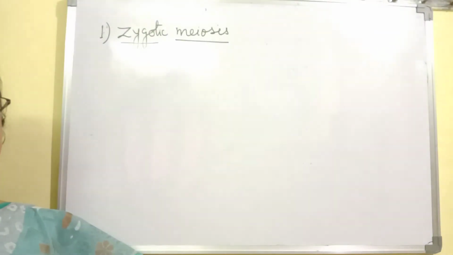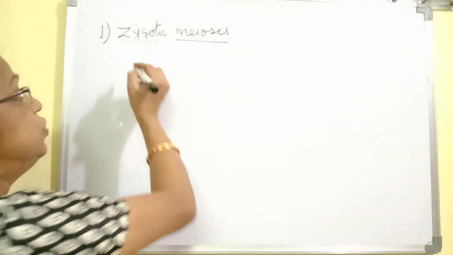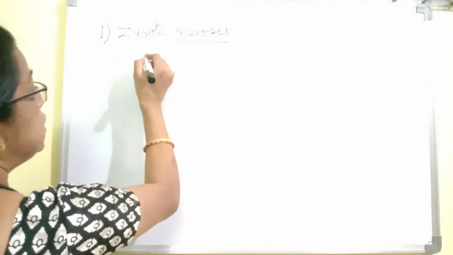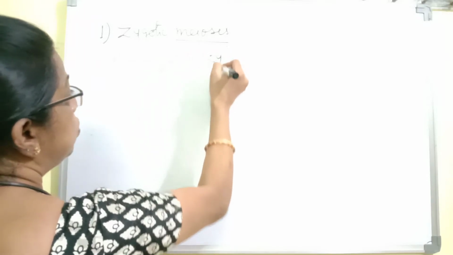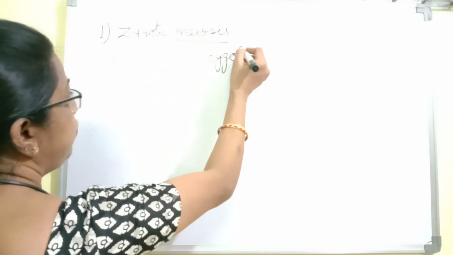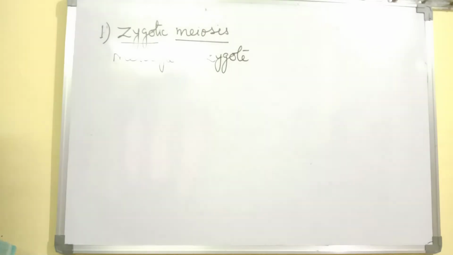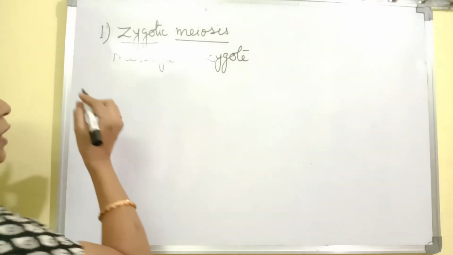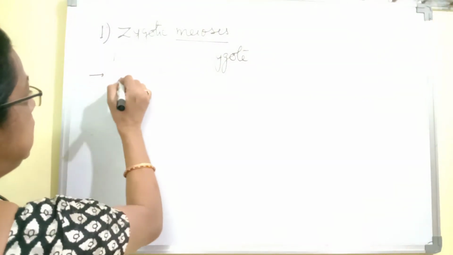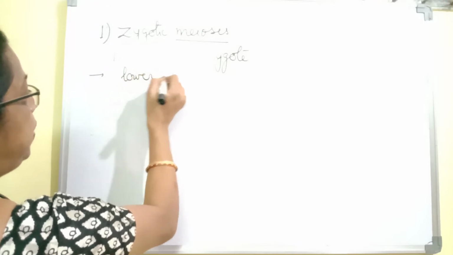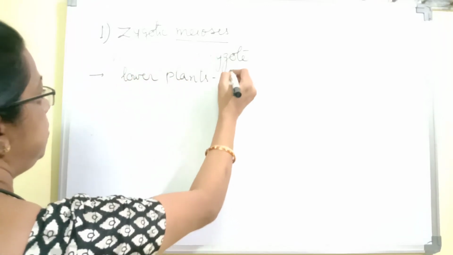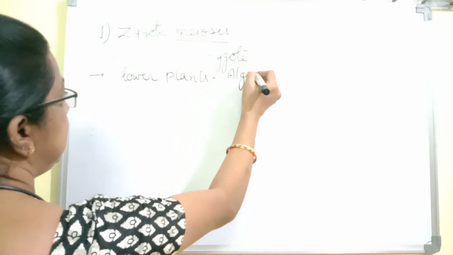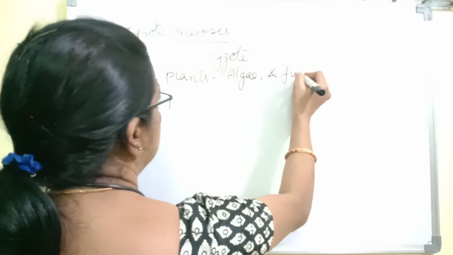So here, what is the meiocyte? Here the meiocyte is the zygote. This zygotic meiosis is seen in lower plants like algae and fungi.